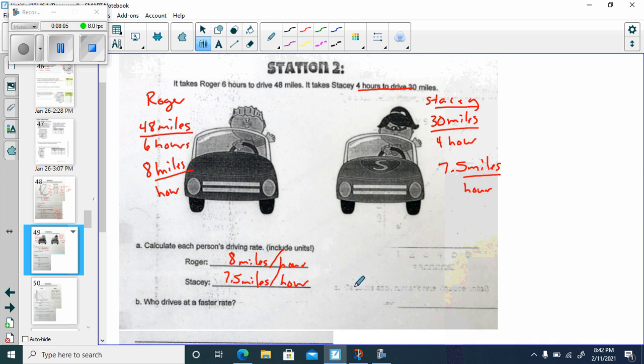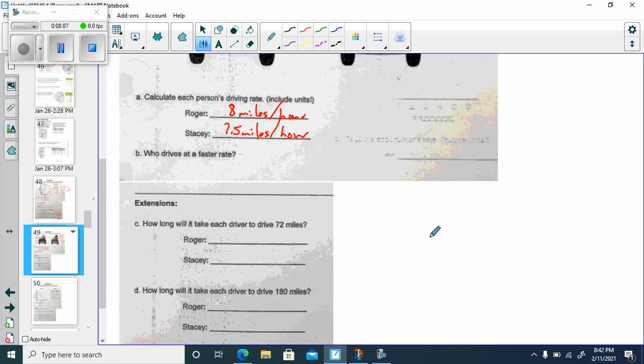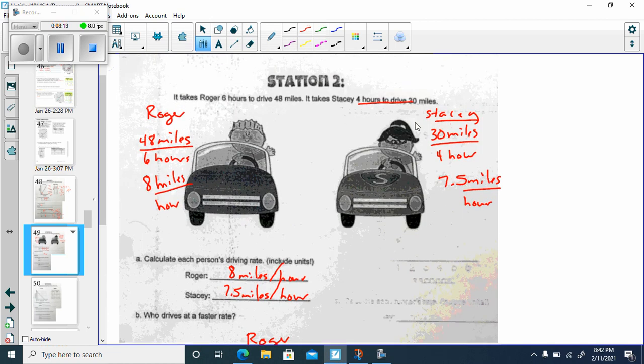Who drives at a faster rate? Roger does. He's going 8 miles per hour. Stacy's only going 7.5. How long will it take each driver to drive 72 miles? Well, where does miles go in, for the X or for the Y? If you set this up, guys, you know that your M is always changing Y over changing X. Your Y is your miles, right?